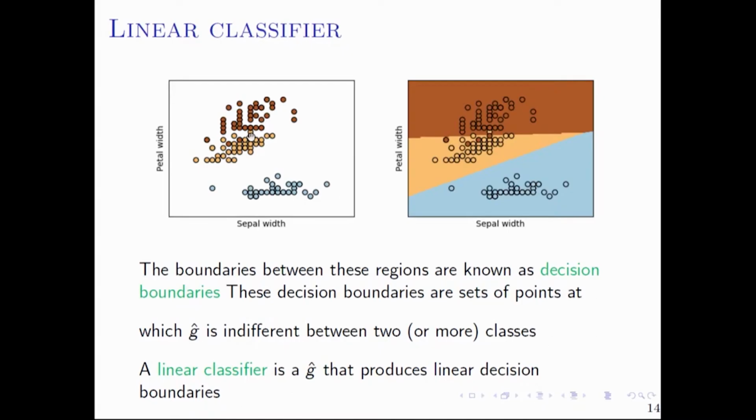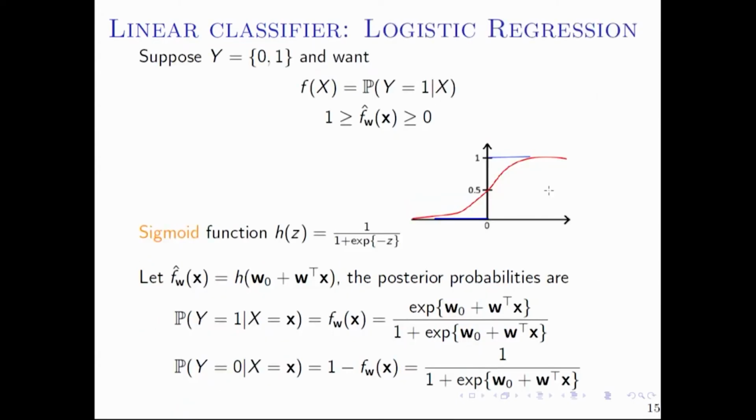If you see the second plot, where the boundaries are linear in the space, this is called the linear classifier. So we have to find this linear separator in the space, so that if any point comes here, maybe we can say it is the blue class, from the same class.